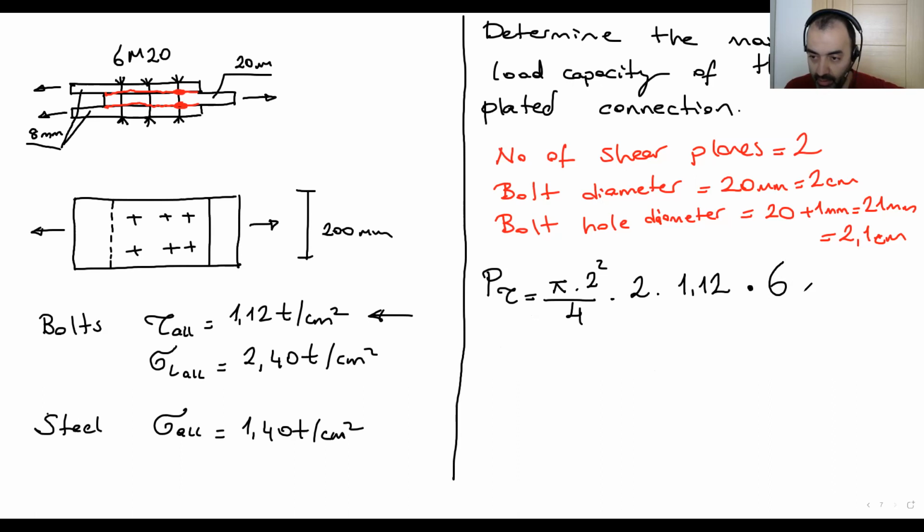So here we're going to see the result of this. For bearing, P equals D times Tmin times allowable stress. D is the diameter of the bolt, 2. What is the Tmin? We have one side 8 plus 8, the other side 20. Minimum of 8 plus 8 or 20.